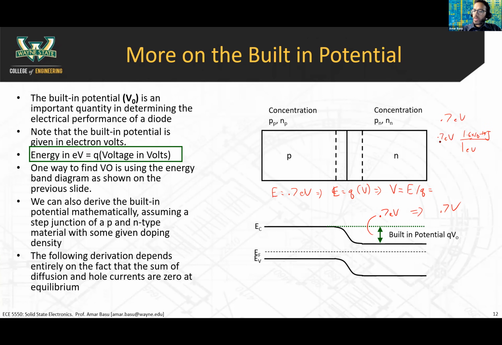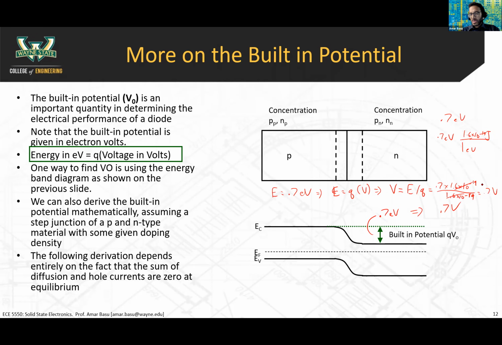Okay, so this is 0.7 electron volts times 1.6 times 10 to the negative 19. So 0.7 times 1.6 times 10 to the negative 19 divided by Q. And remember, Q is also 1.6 times 10 to the negative 19. So these two cancel, and you're left with 0.7 volts.